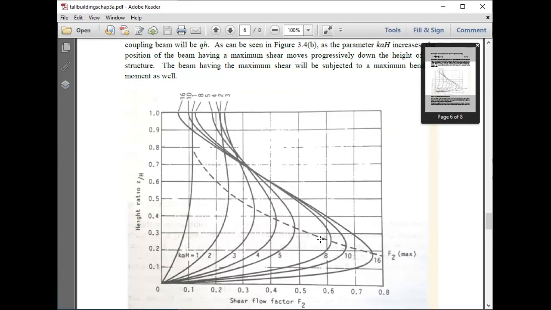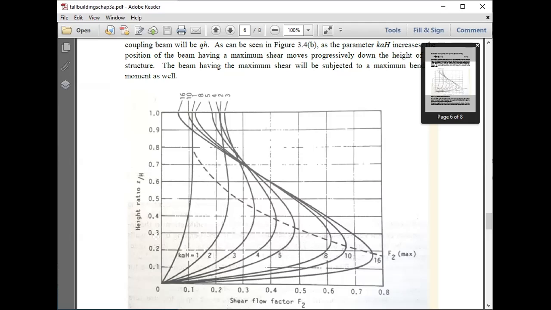So here you can see the maximum value of F2 is about 0.58, and the height at which this occurs is 0.27 times h, and that is the beam where this occurs. H is 64, 0.27 times 64. So this occurs somewhere around 17.28 meter height.